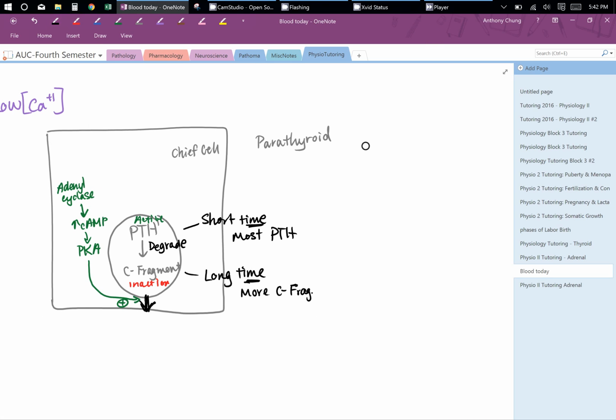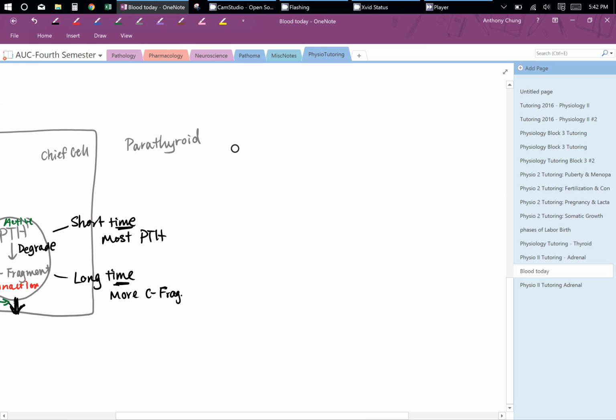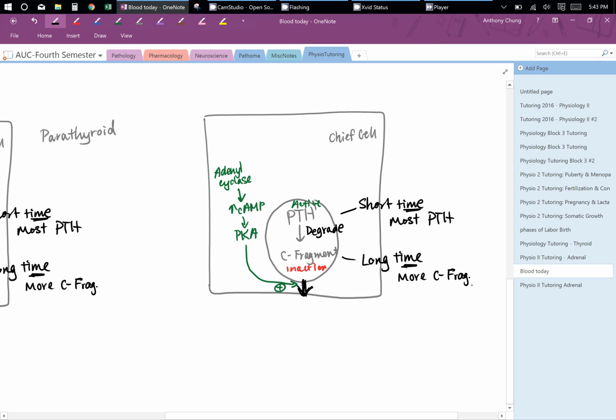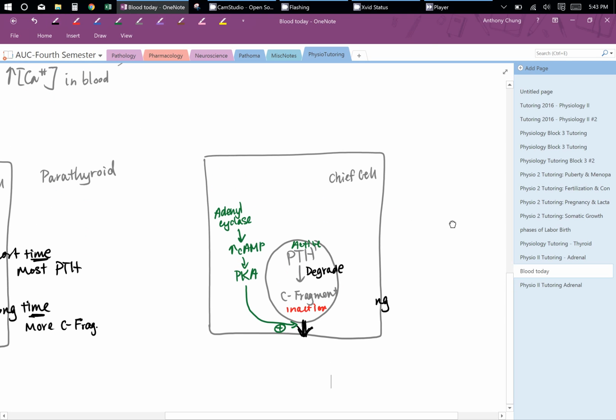Okay. I'm gonna copy this exact image and then show you what else can happen here. So what calcium does is, let's assume that you have high calcium.